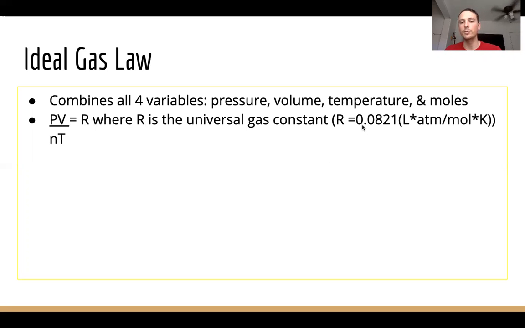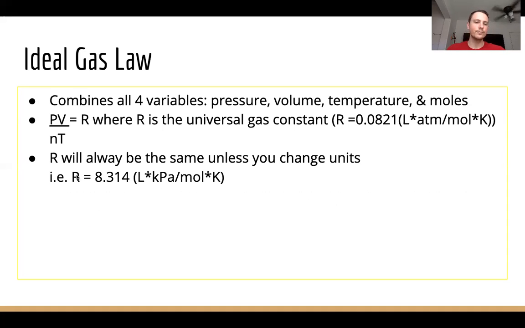And R is equal to 0.0821, and our units reflect this right here. It's liters times atmosphere divided by moles times Kelvin, or the pressure and volume unit on top and moles and temperature unit on bottom. So the gas constant's always going to be this number as long as we are using these units here.